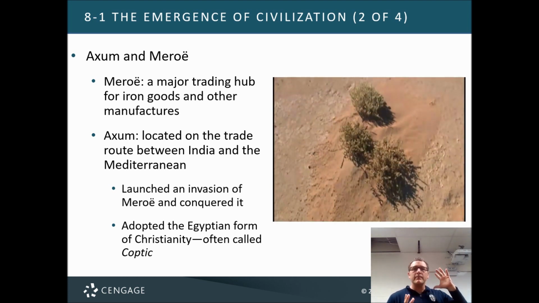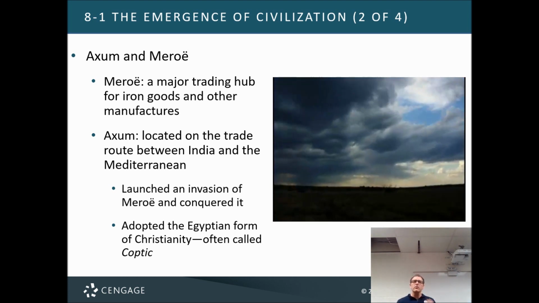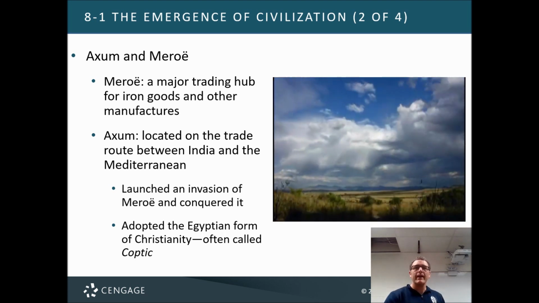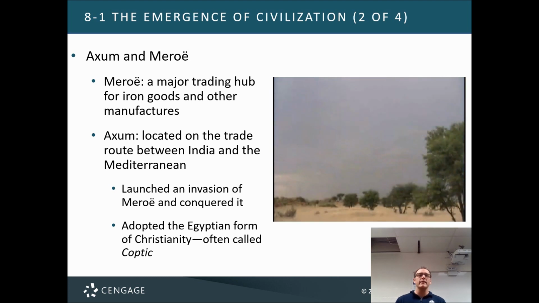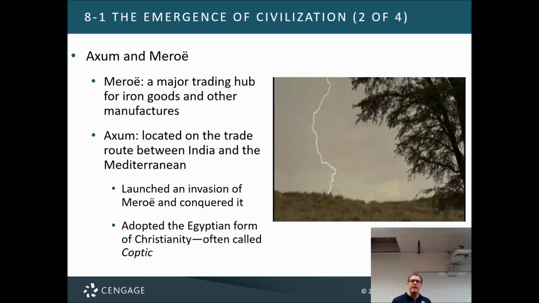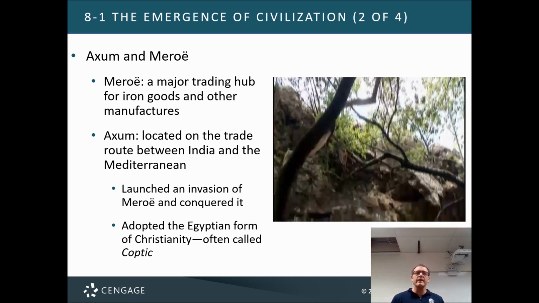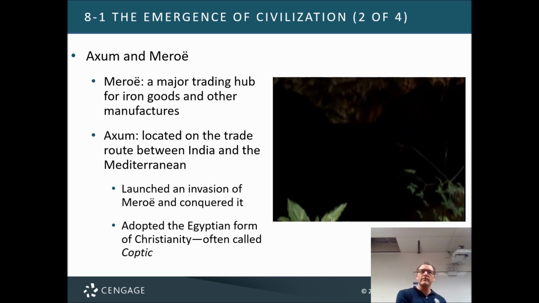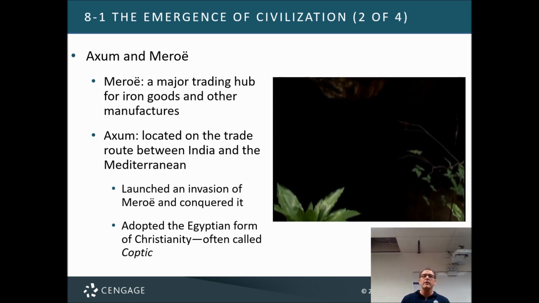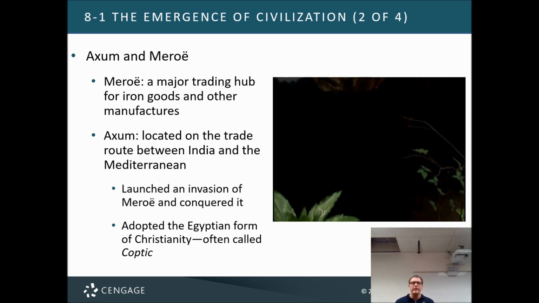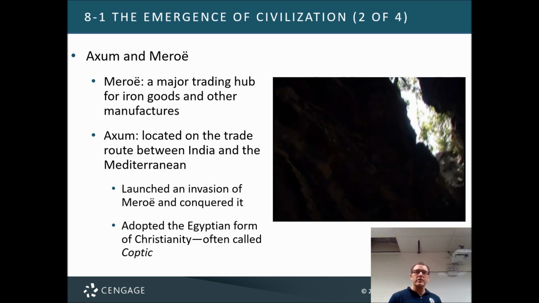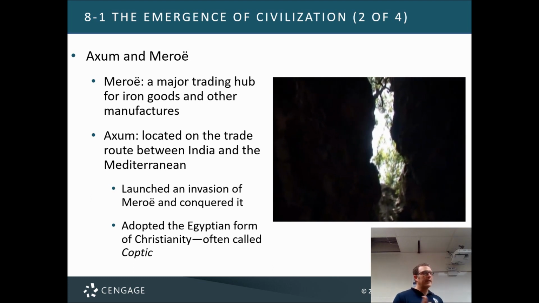I guess the earliest kingdom there was a group of people known as the Kush, and they were a major trading state. And by about the second millennium before the Common Era, they declined and were eventually replaced by a state that emerged in an area known as the Cataracts.